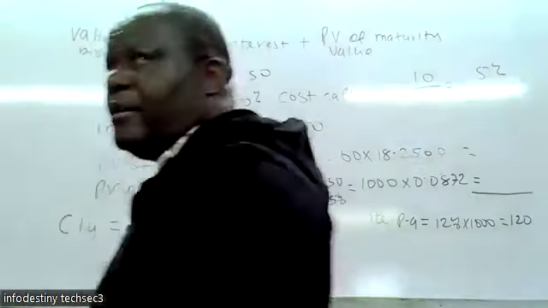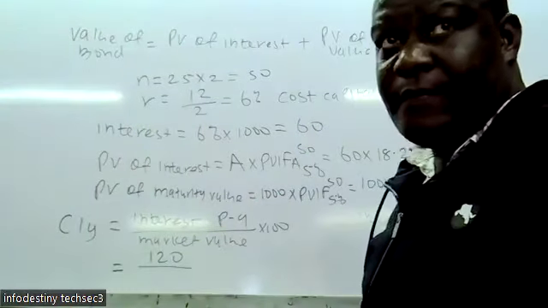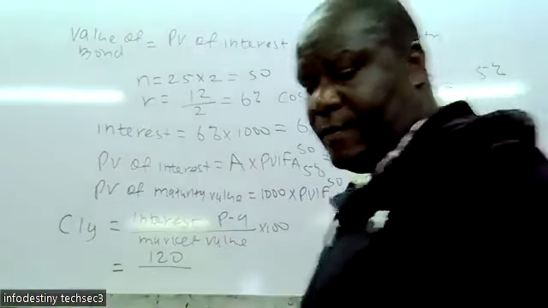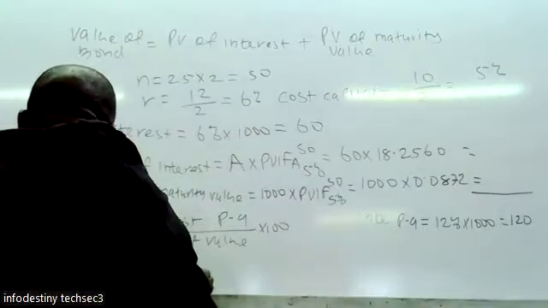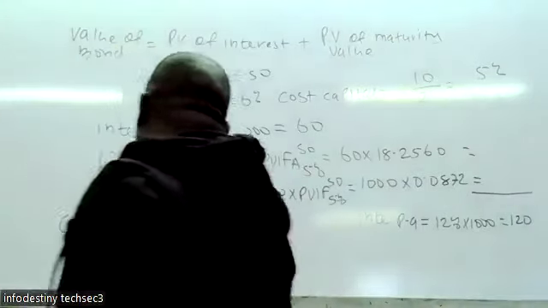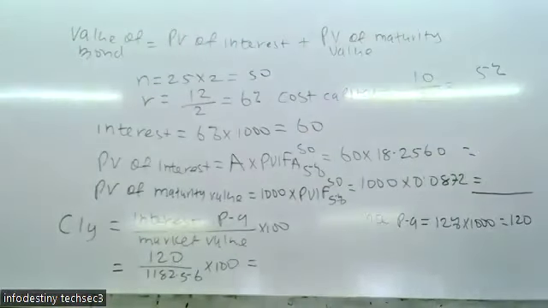Market value, how much? The value for that bond, 1182.5, expressed as a percentage. So that is what will give you the current yield.